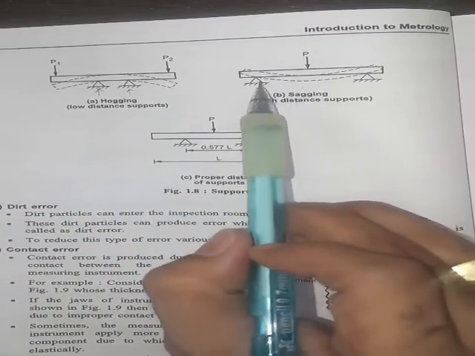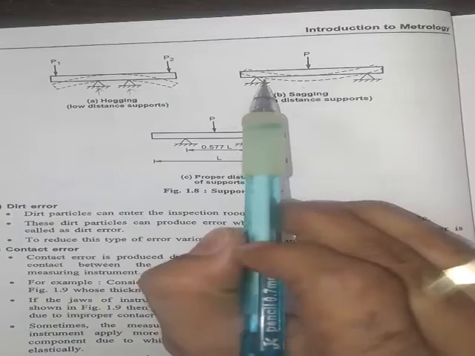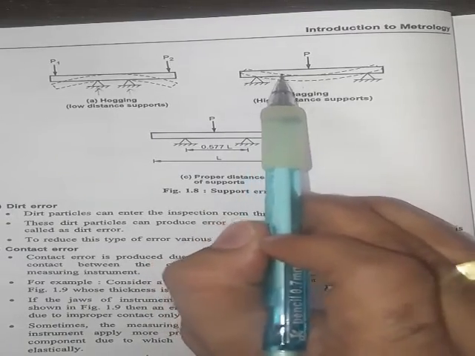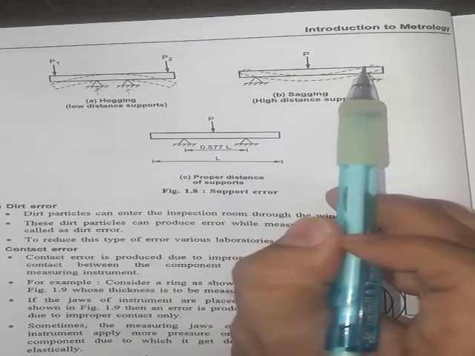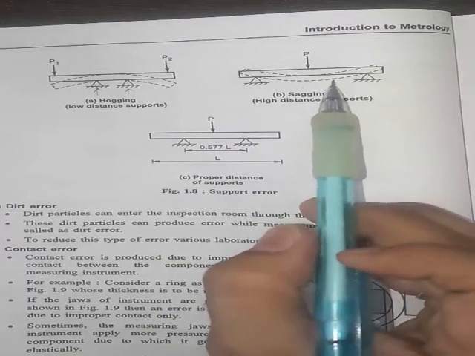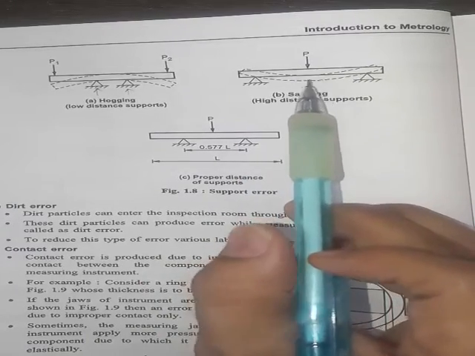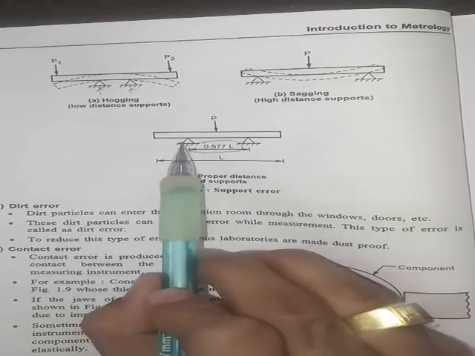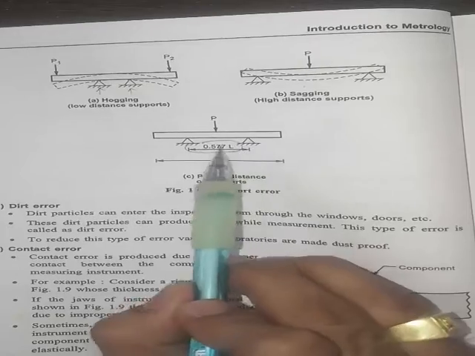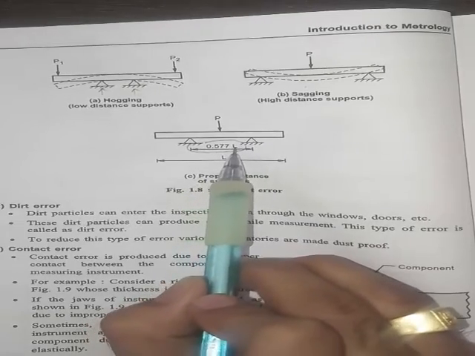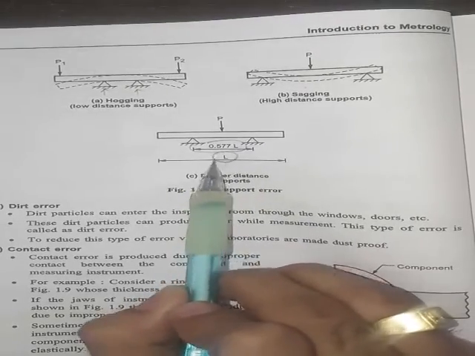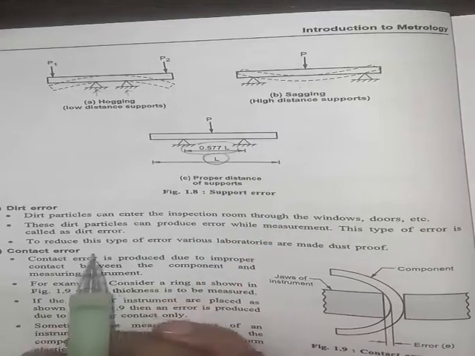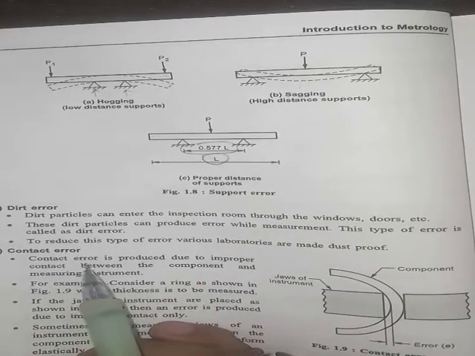If the support is too far, then it also bends from here, so again we cannot measure the true length. So for that, the standard is that the distance between two supports is 0.577 capital L. Capital L is the length of this bar. So this is about the support error, right?